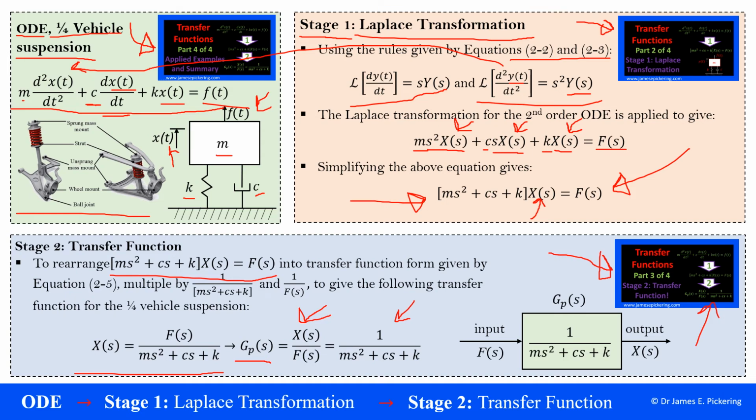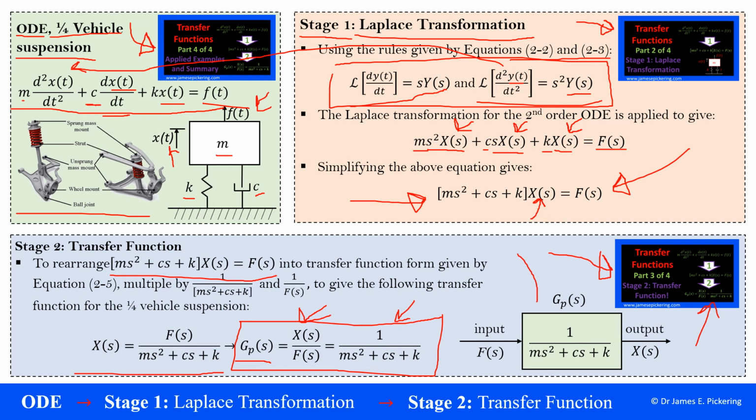So G subscript P for process is equal to this transfer function here. That there is our transfer function. All we've done is gone from the ordinary differential equation in the time domain, used these rules, so d over dt becomes s, and then simplified it into this form and rearranged it into the transfer function form.